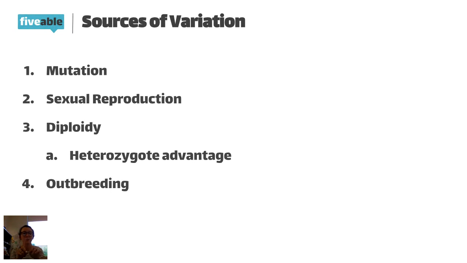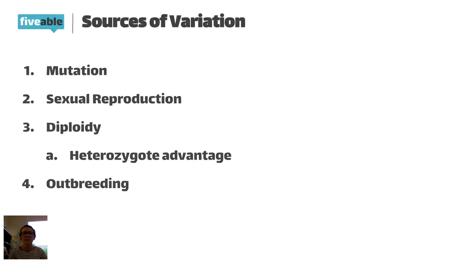If you're heterozygous, you have two versions of that trait, and you are actually amazing and so necessary in our environment. I'm going to talk about that in a second when we talk about sickle cell anemia and malaria, which is one of the most common examples of how heterozygotes can actually benefit from being heterozygotes. And you're contributing to the variation of populations. So it's super important to have them.